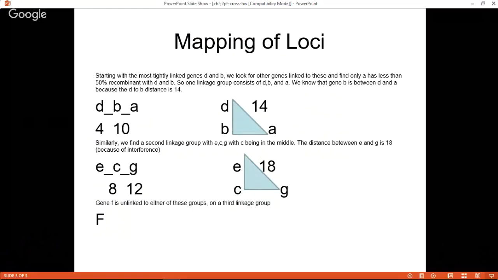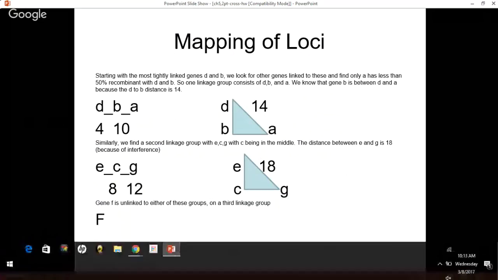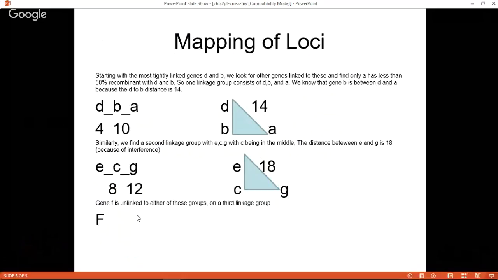So similarly, we find a second linkage group with E, C, and G. So C is going to be in the middle, and then the distance between E and G is 18. So it's a little bit different than the first linkage group. So right here we have E and C is 8, C and G is 12, and then E to G is 18.